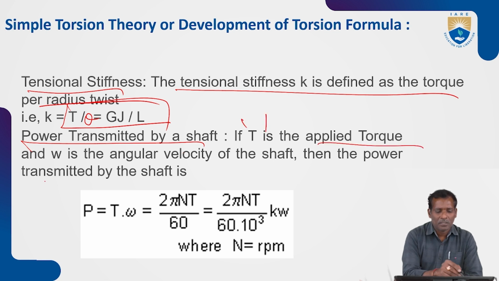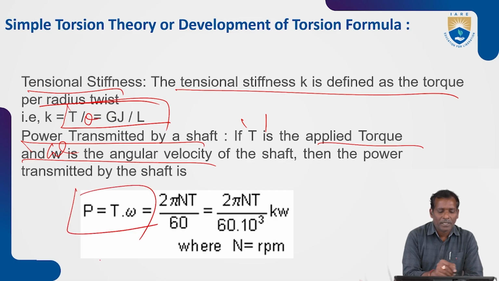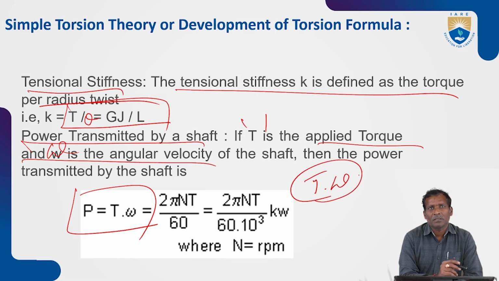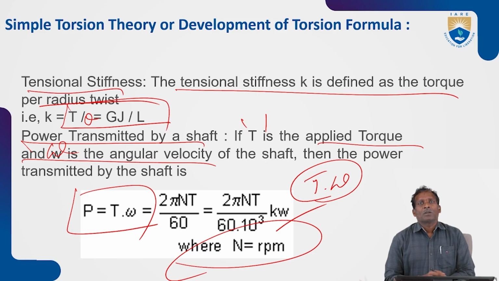If T is the applied torque and omega is the angular velocity of the shaft, then the power transmitted by the shaft can be calculated using the relation P is equal to torque applied multiplied by angular velocity, that is equal to 2 pi N T by 60 into 10 to the power 3 in kilowatts, where N is RPM and T is the torque.